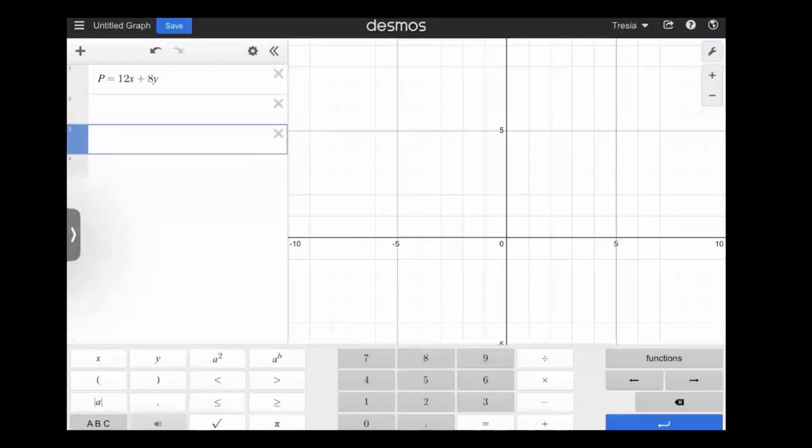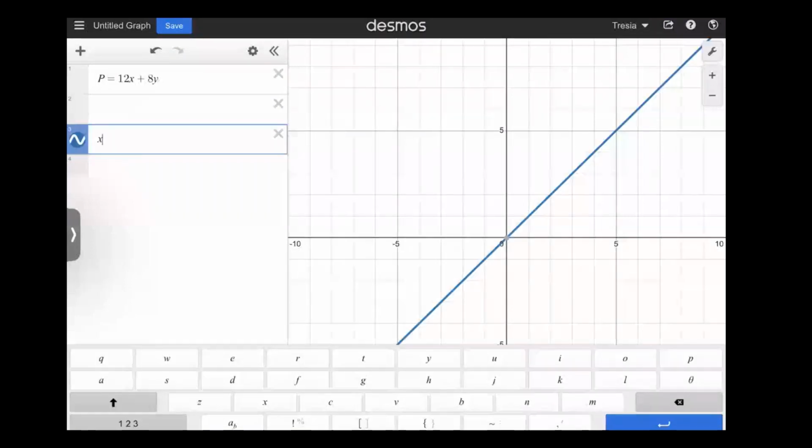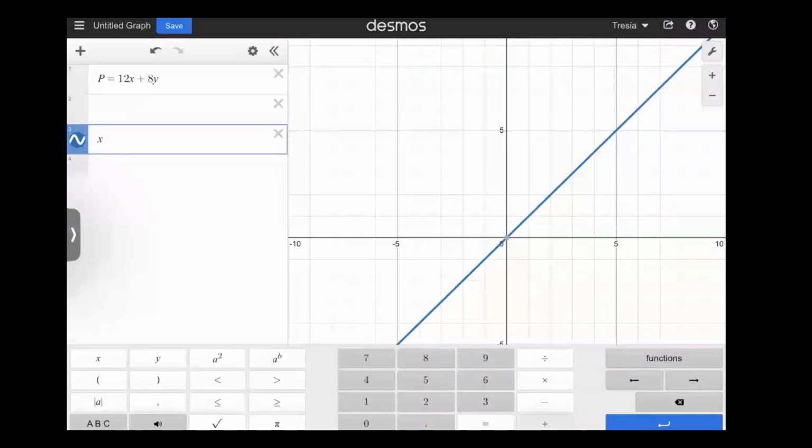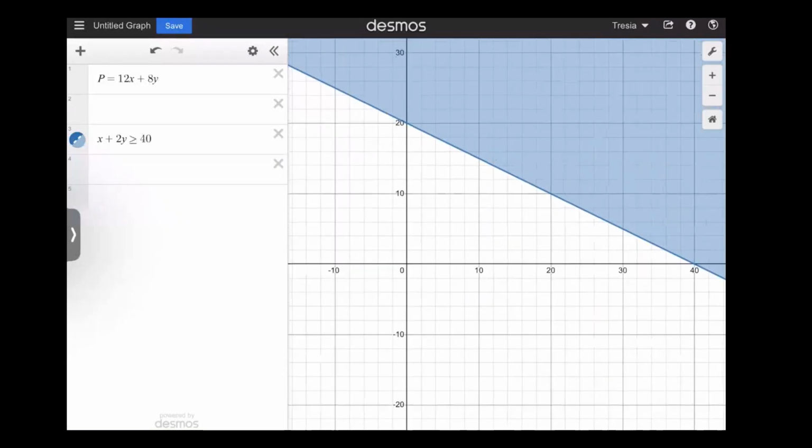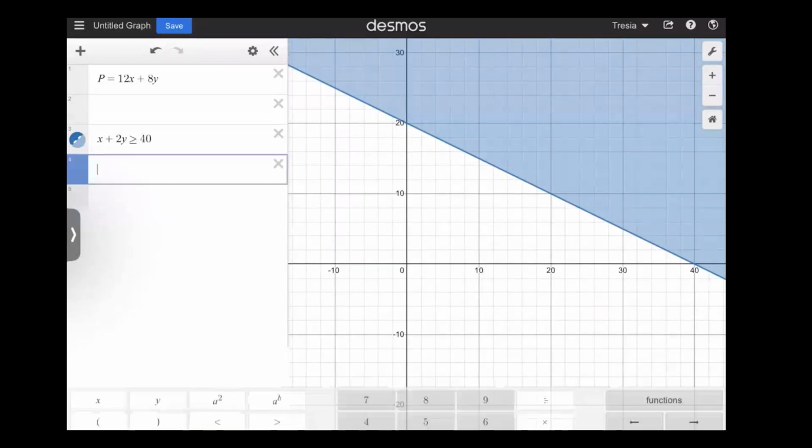My other equation is x plus 2y, and it was less than or equal to 40. So we want to write this as greater than or equal to 40, so it colors in the region that we don't want. There we go. You can see it colors in the region we don't want.